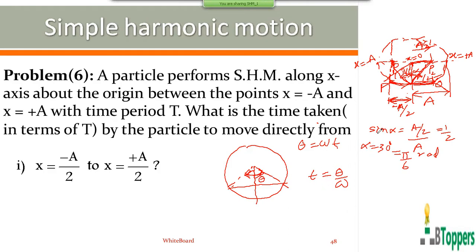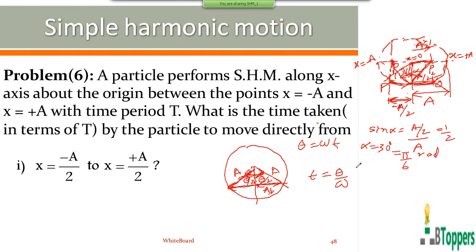What is the angular displacement of the particle in uniform circular motion? That you try to observe. You find this angle is theta, so this will be theta by 2. This is the radius A, and this is also equal to radius A. This is A by 2.